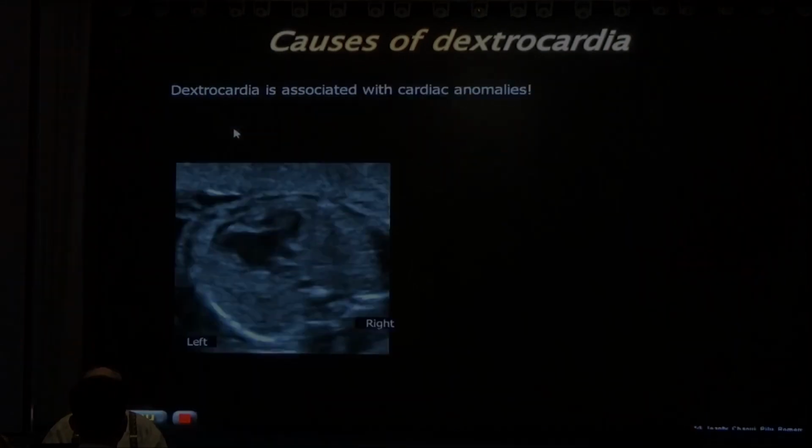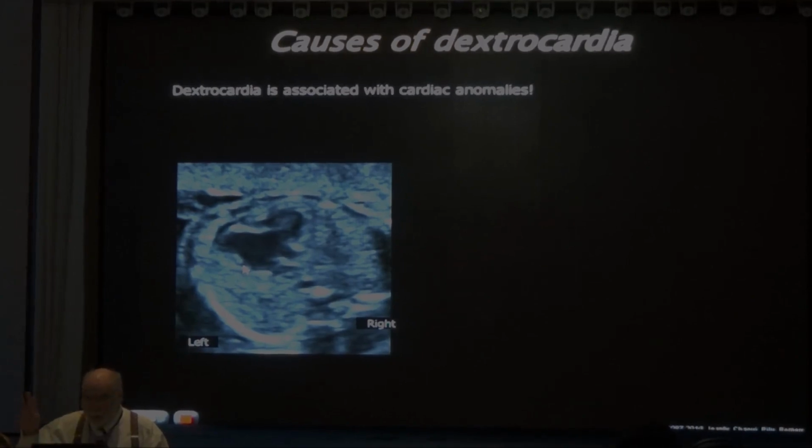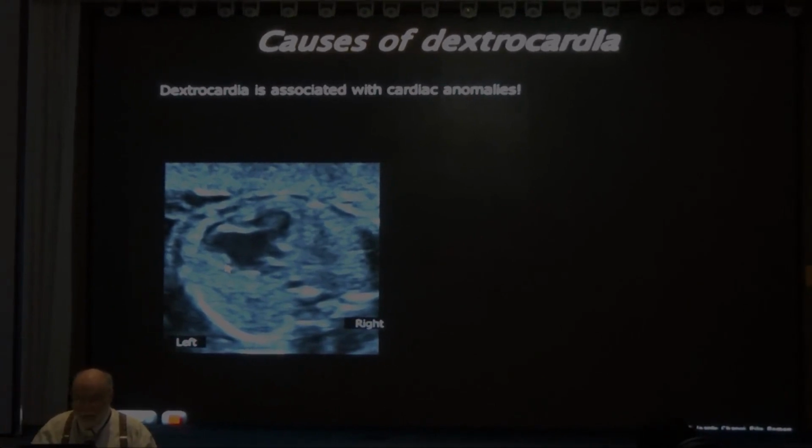Okay? So here we have left side, right side. How many cardiac chambers do you see here? 1, 2, 3, 4? Not 4. Maybe 2. 1 big atrium, 1 big ventricle. Okay?